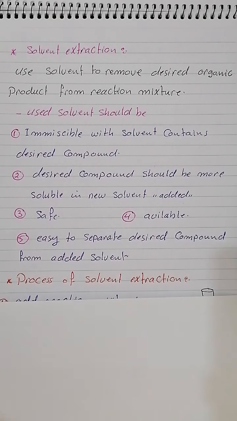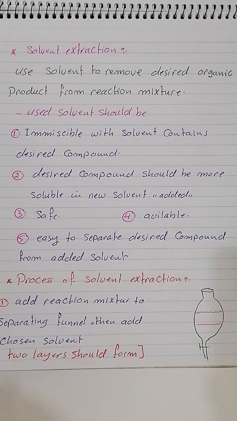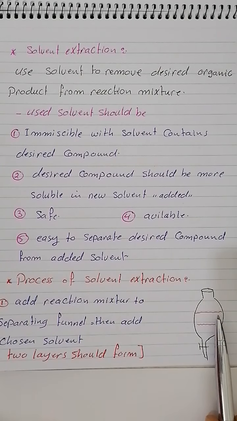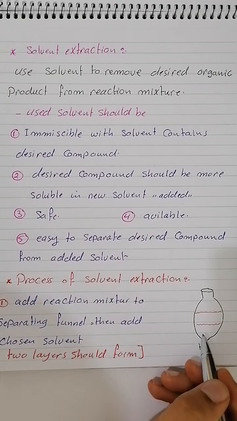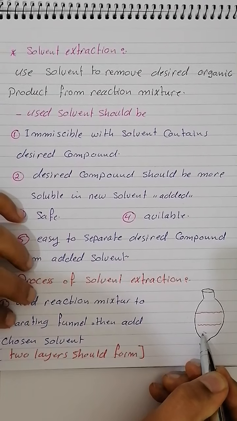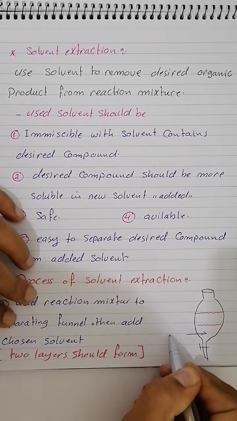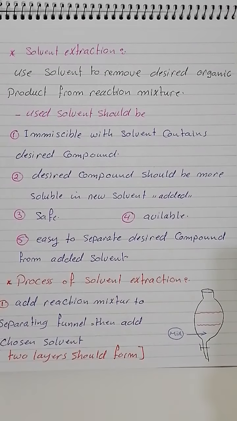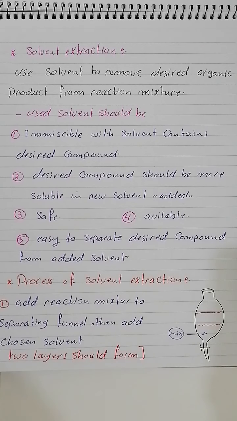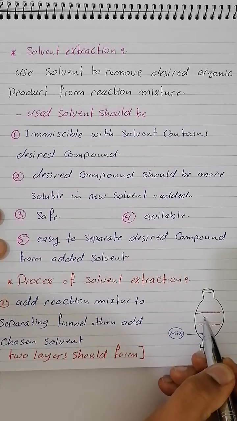Now, what's my process for solvent extraction? First, we will use a separating funnel. Add the mixture which contains my desired compound. Then add the new solvent.